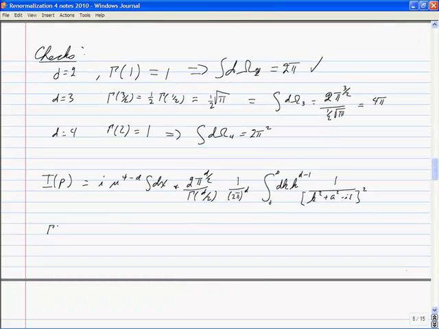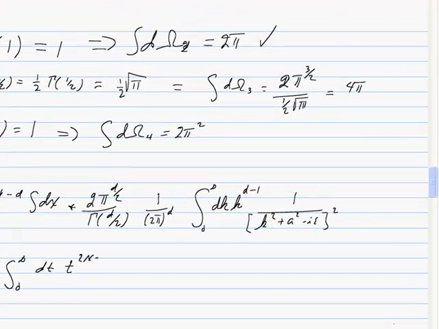Gamma of x, gamma of y over gamma of x plus y is the integral 0 to infinity dt t to the 2x minus 1 over t squared plus 1 to the x plus y. So there's this famous fancy identity.